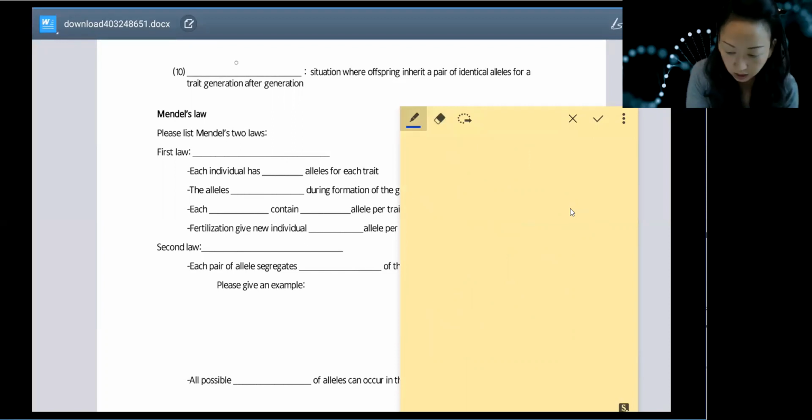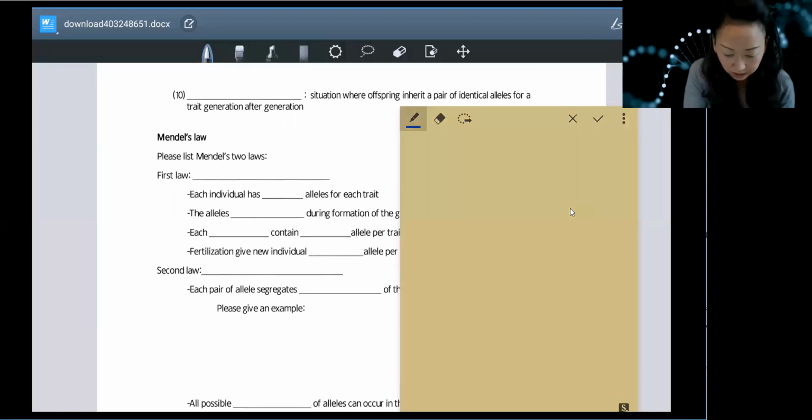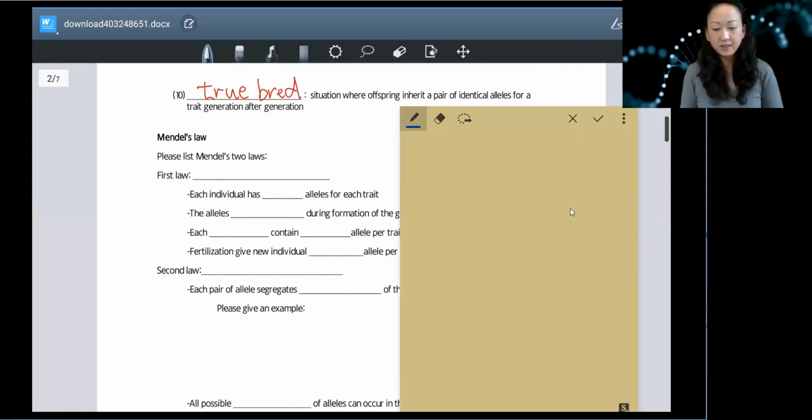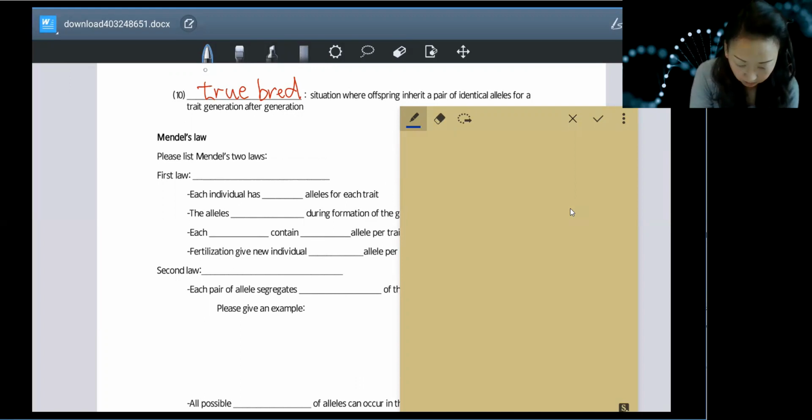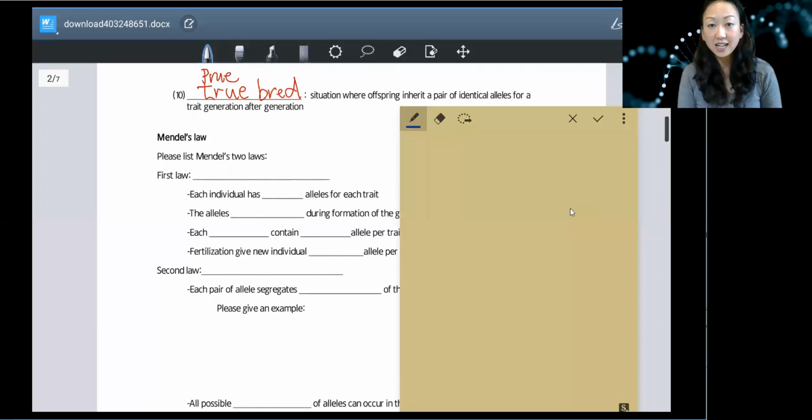This is called true bred, okay? So in the future, when I say this is a true bred or a purebred, then I am referring to the fact that they have identical alleles from generation to generation. You'll probably read this in the textbook, so it helps you identify what it means.